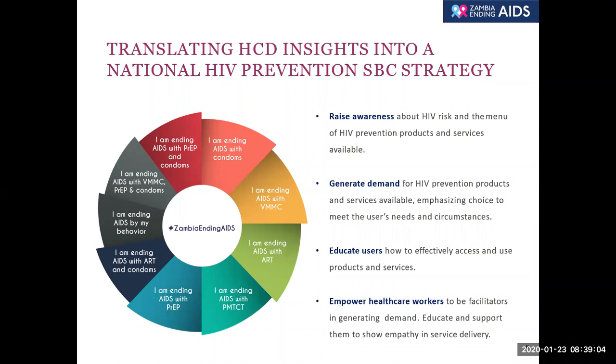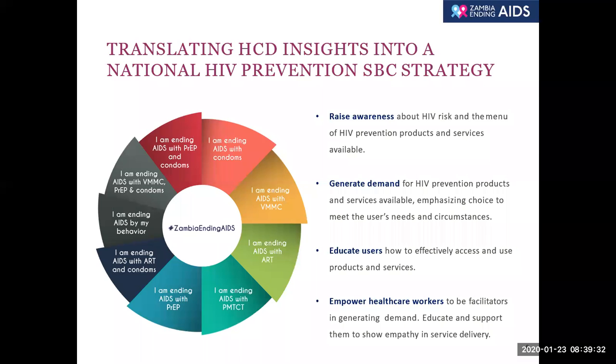It aims to raise awareness about HIV risk and the menu of HIV prevention options that are available to an individual. It aims to generate demand for HIV prevention products and services available, emphasizing choice to meet the user's needs and circumstances. And it aims to educate users on how to effectively access and use various HIV prevention products and services.